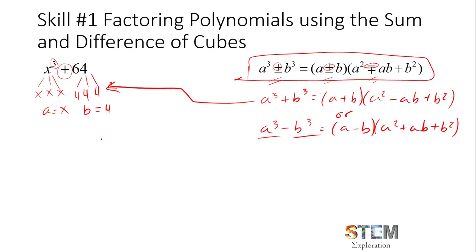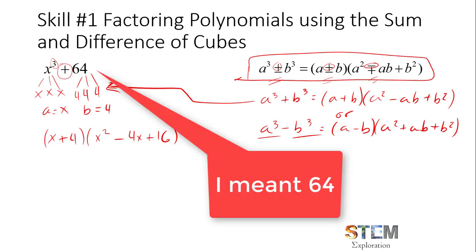So I can now write x plus 4 times x squared minus 4x plus 16. And I just factored x cubed plus 64 and got this factored polynomial.